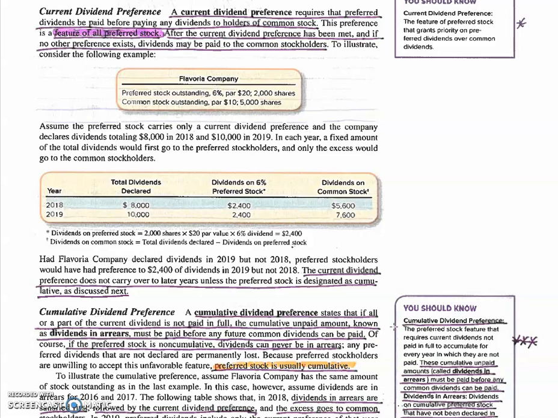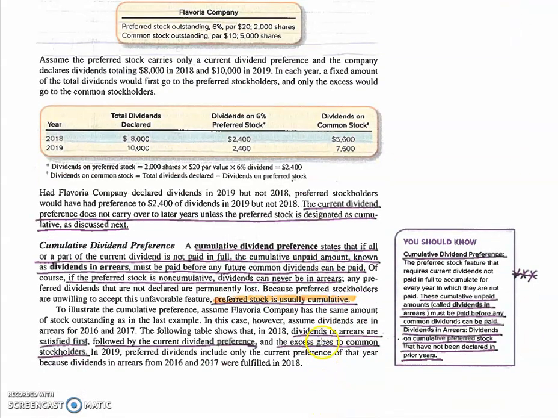If you have cumulative preferred stock and you decide to pay a dividend in 2020, then the preferred stockholders get their 2019 dividend. That's what we call in arrears. That's dividends in arrears. And they get their dividend in arrears, and it talks about that right here. And then they also get their current year dividend before common stockholders can get any dividends at all.